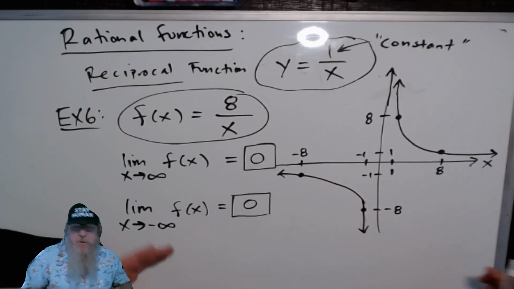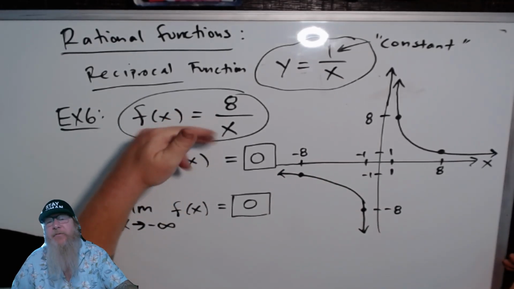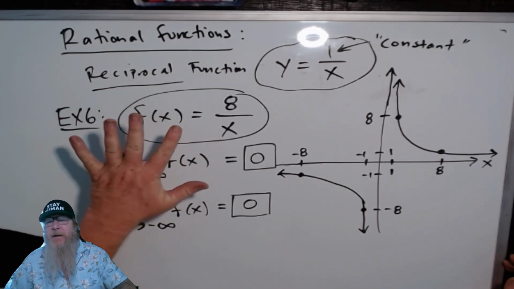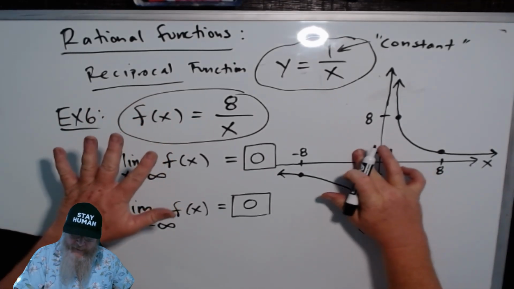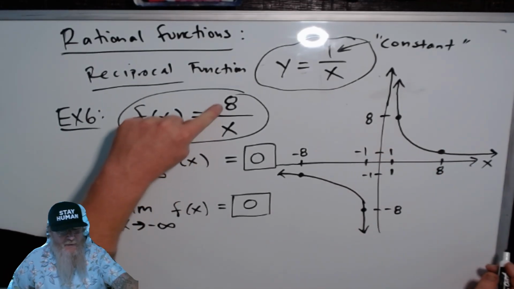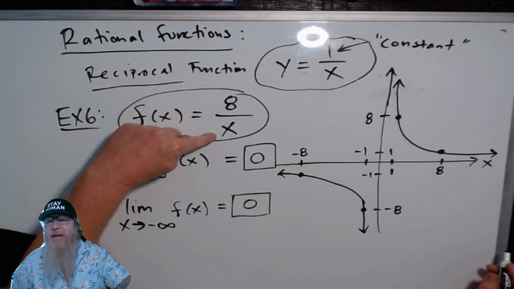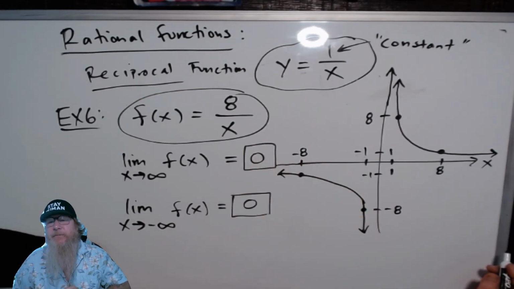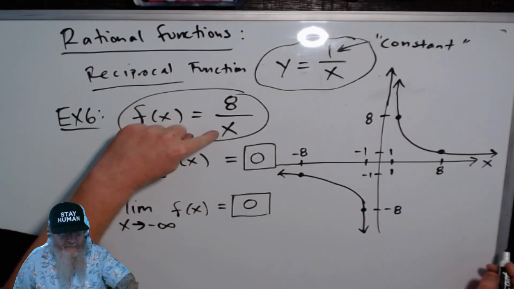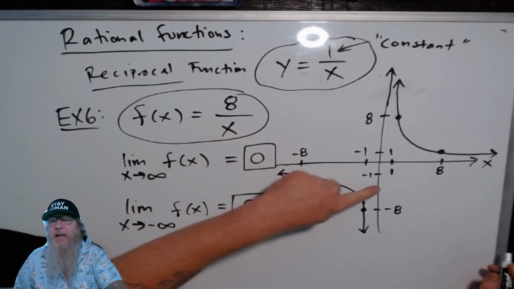This is a very simple function, so I'm sparing you the board space of writing it. If you divided 8 by negative 1, you would just get negative 8. And vice versa. If you did 8 divided by negative 8, you would just get negative 1.